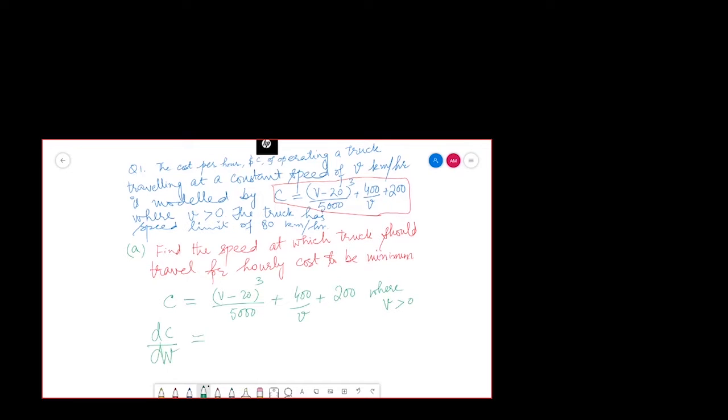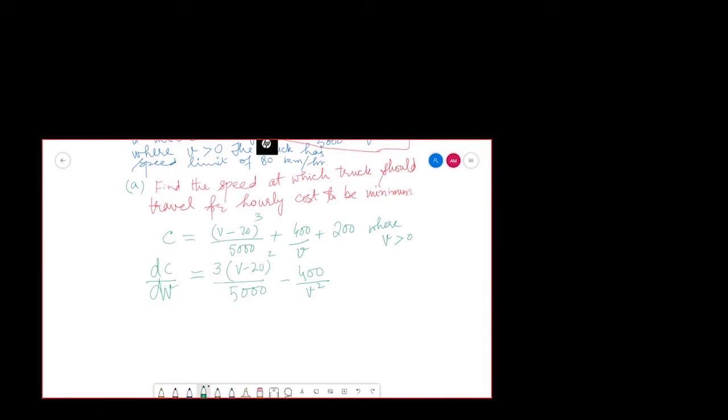If you differentiate, this would become (3v minus 20) raised to the power 2 over 5000, minus 400 over v square, because once we differentiate, v raised to the power minus 1 gives minus 1 going down, and 200 is a constant.